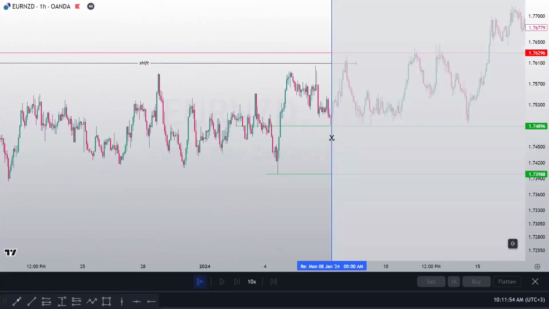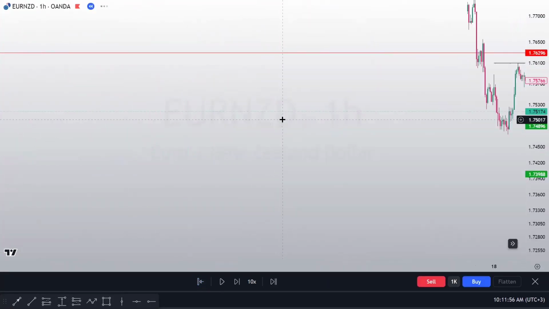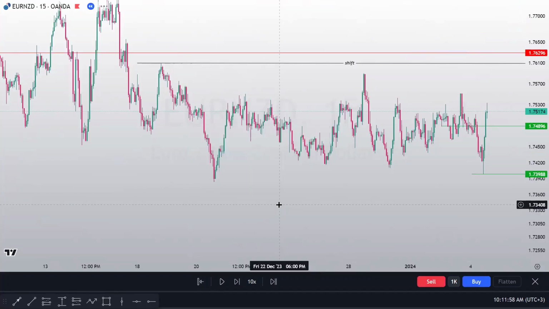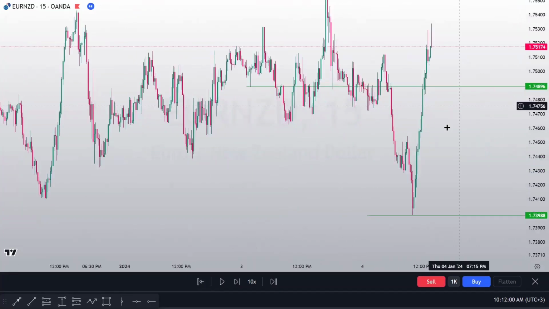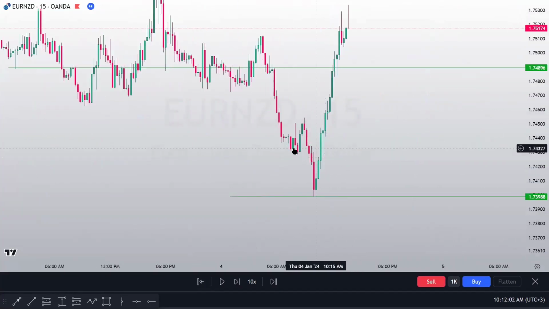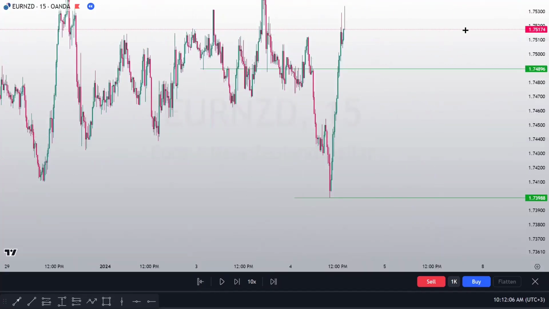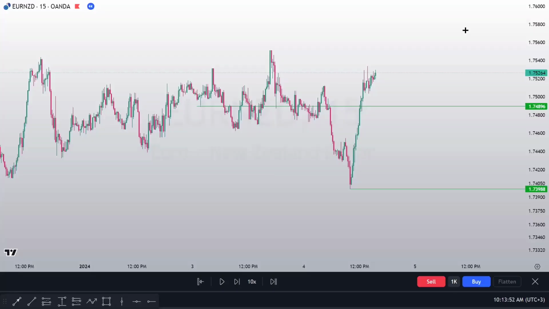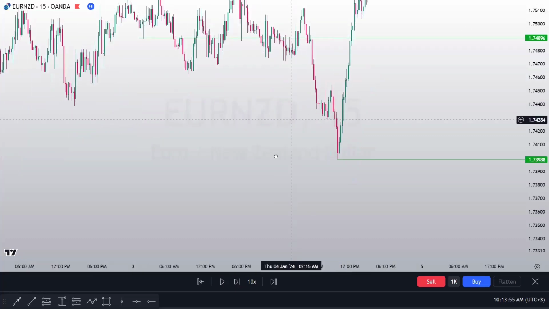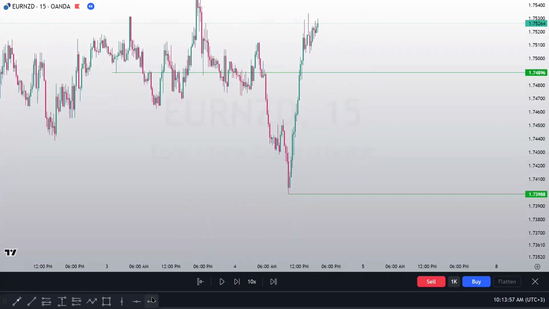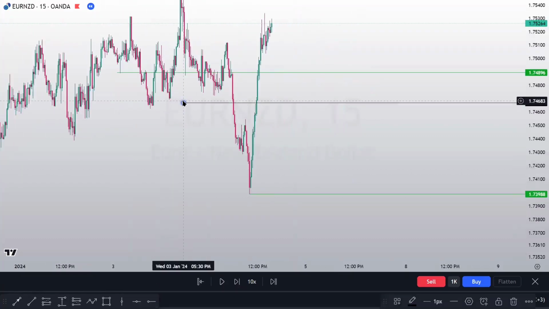Let's try to look at it. The 15 was better because of the areas that the market actually had to offer, but also considering the liquidity inducement.